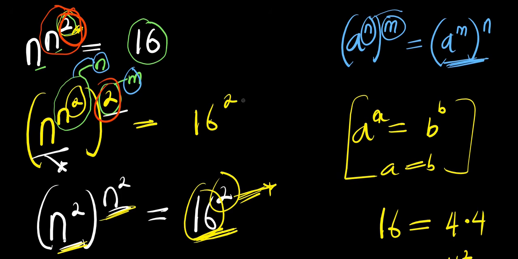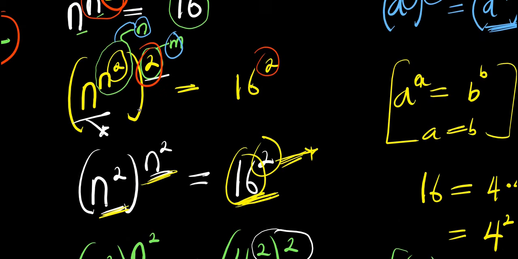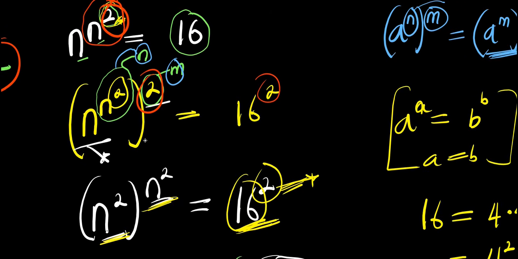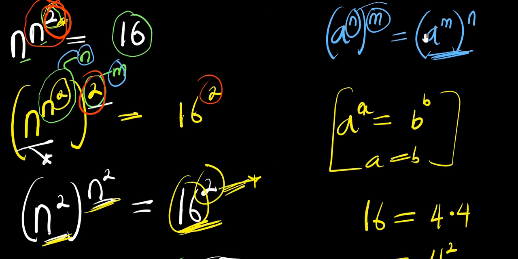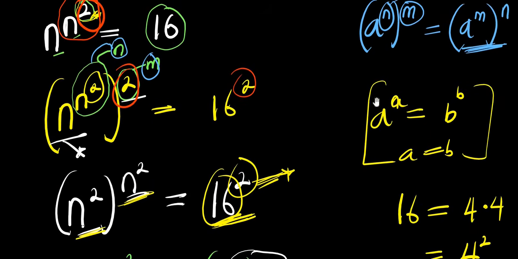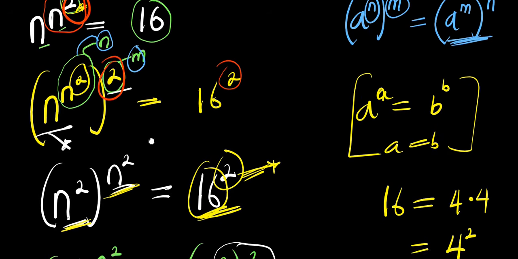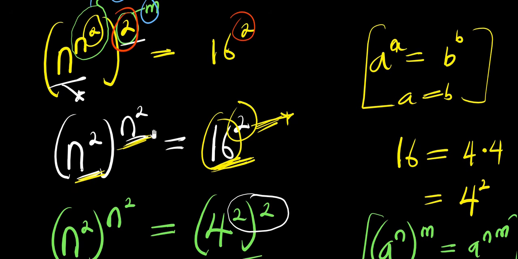Don't forget that the n power 2 here becomes a unit, and if that is the case, we apply a power n times m equals a power m times n. So we can switch the powers. The m comes inside, which is the 2 here, and the n goes outside. This was the most important step we took.